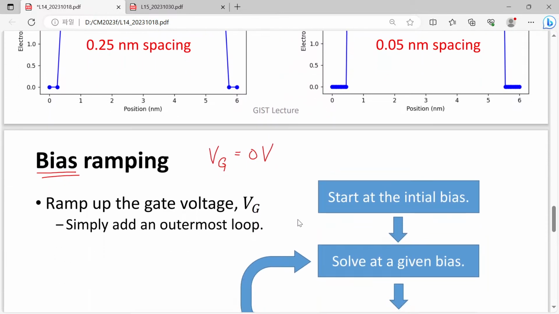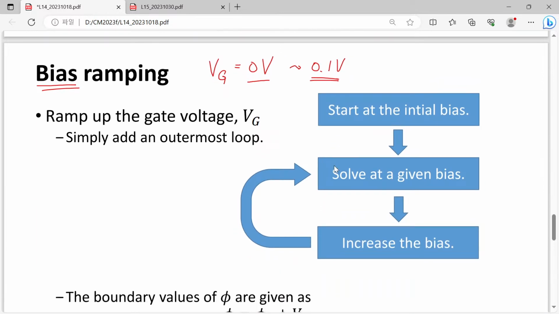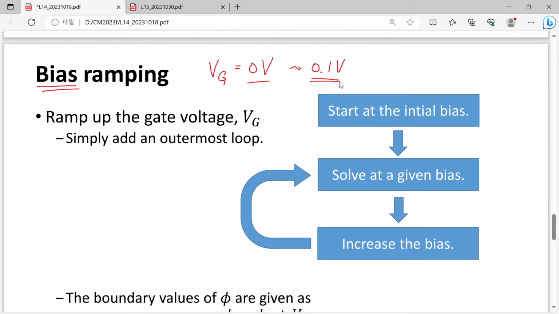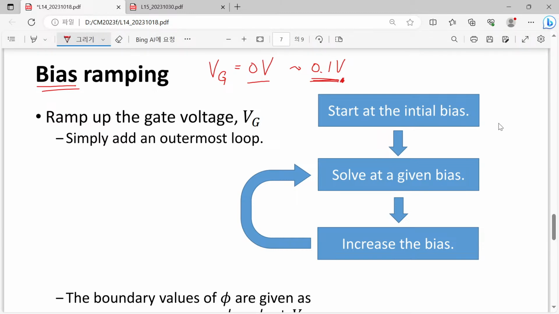Then instead of 0.0 volt, we want to move to 0.1 volt. How can we get the solution at 0.1 volt? Here we have a simple flow chart.